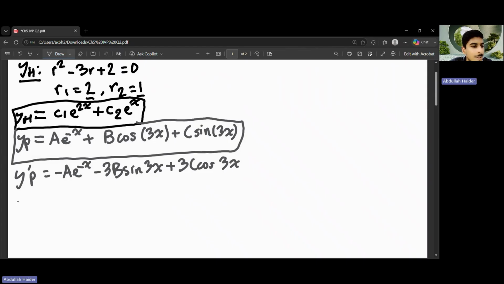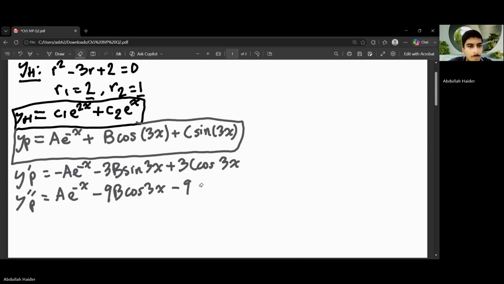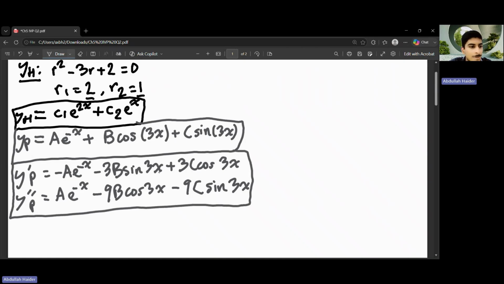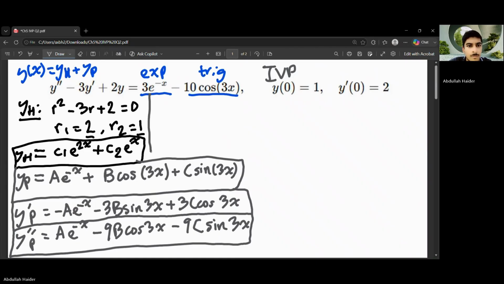This is your y prime, and then your y double prime of p will be a e^(-x) minus 9b cos 3x minus 9c sin 3x. So this is your y prime p and y double prime p. Now we can substitute in the main equation to find constants a, b, and c.